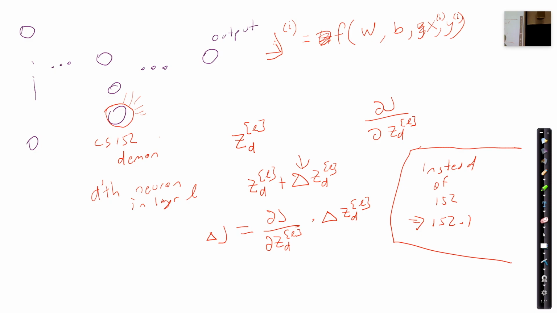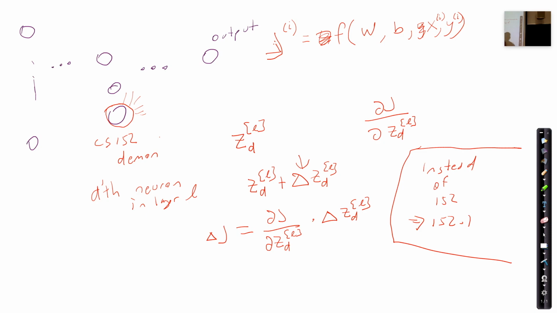Or another way to think of it is we want delta j to be negative. We don't get control over the partial derivative. But if the partial derivative is negative, we want our delta to be positive and vice versa.